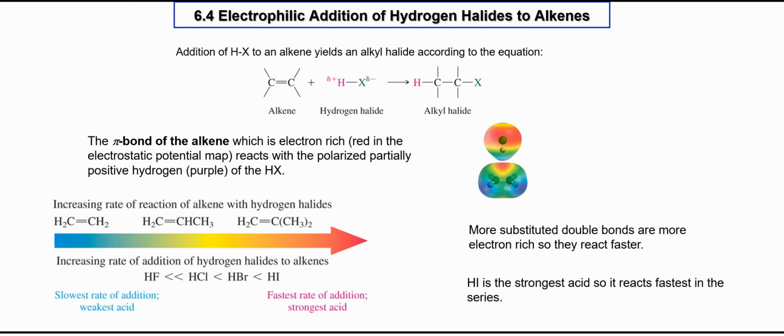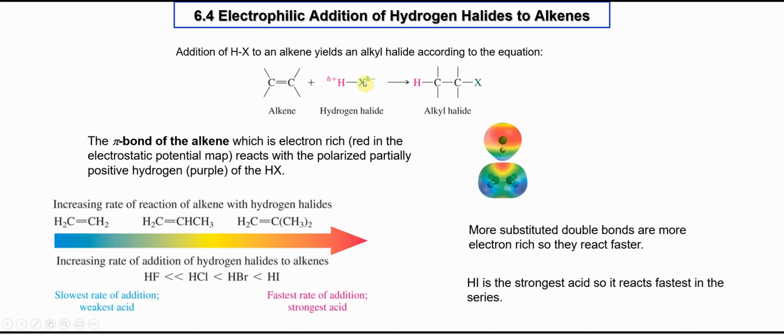If you're adding hydrogen halides to the alkene, this reaction is called hydrohalogenation of the alkene. You have your carbon-carbon double bond, and you have a hydrogen halide. The hydrogen halide is composed of hydrogen, which is partially positively charged, and chlorine, which is partially negatively charged.